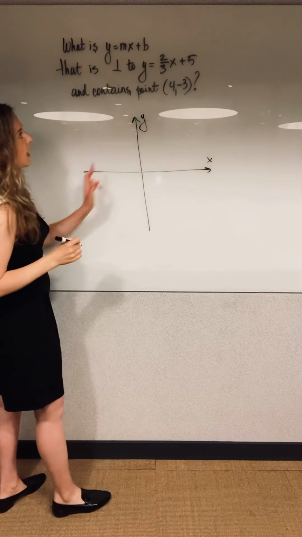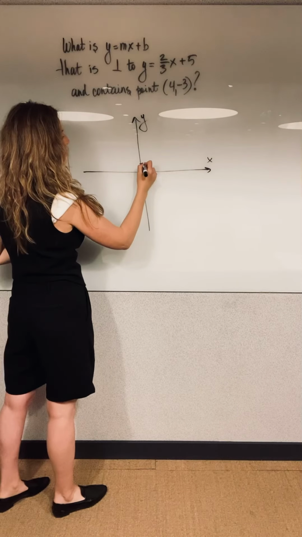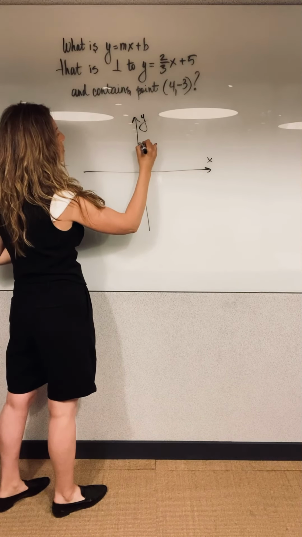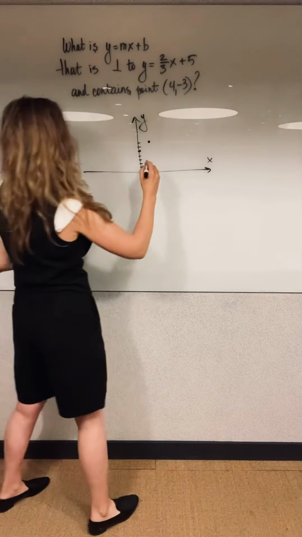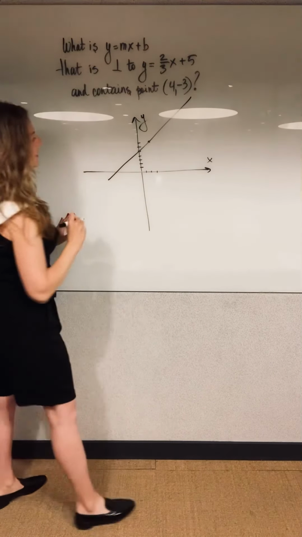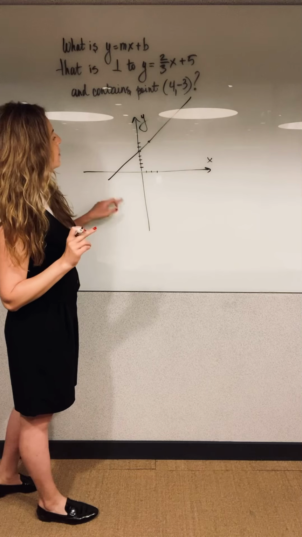This is our line here: plus 5, 1, 2, 3, 4, 5, then up 2 over 3, 1, 2, 3. So this is our little line here, and it does not contain the point (4, -3).